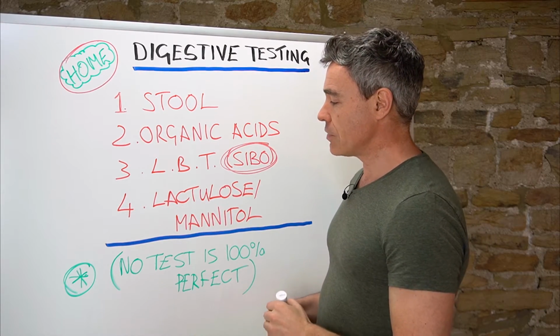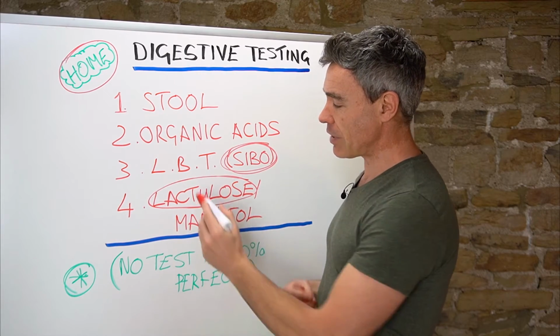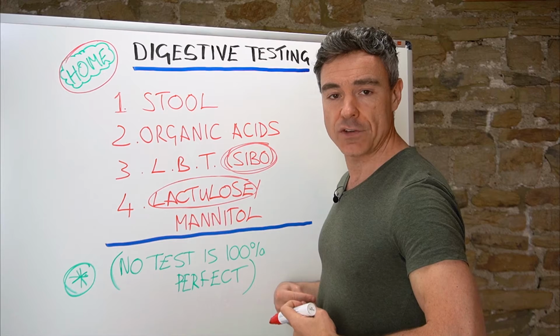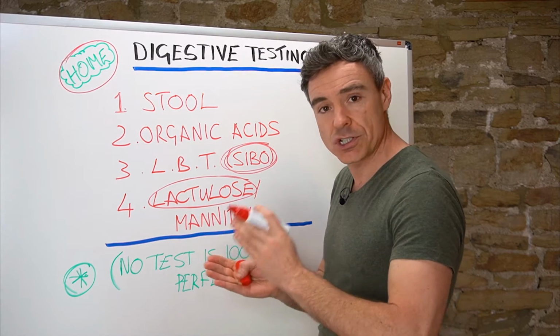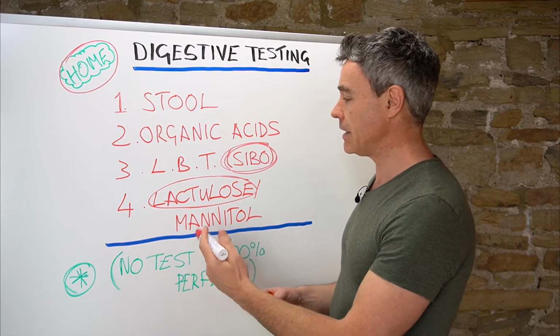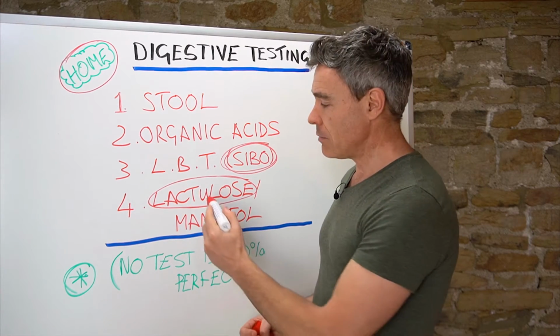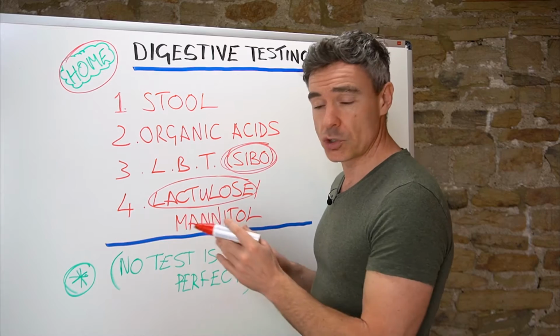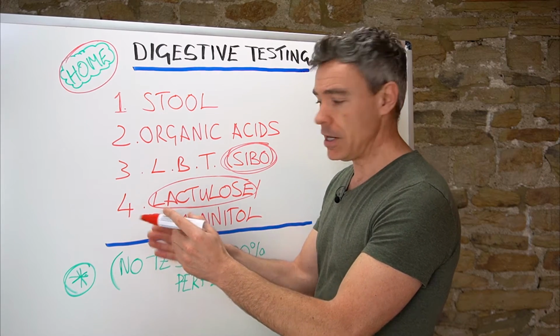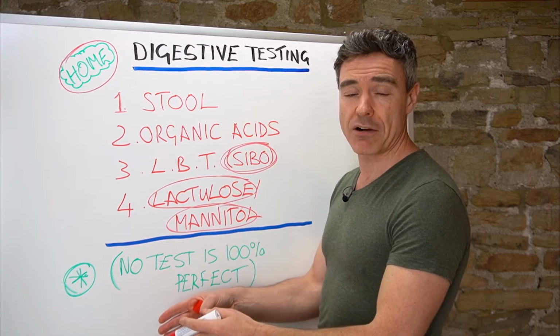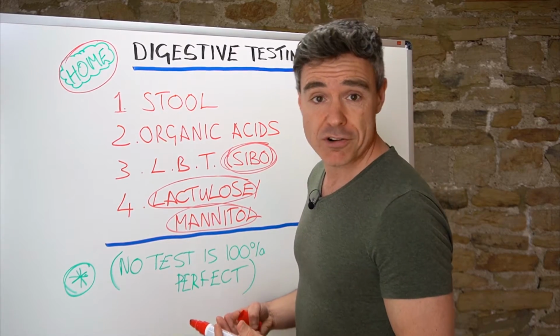And the idea is that the lactulose, if the GI tract is nice and healthy, if there's no leakage, if the permeability is shut down and everything's working normally, then the lactulose level should be negligible in the urine, because that's a much bigger molecule and it shouldn't get through the intestinal barrier. The mannitol is a smaller molecule and it leaks through the intestinal barrier even when the intestinal barrier is not damaged.